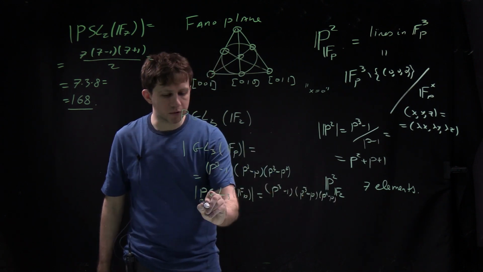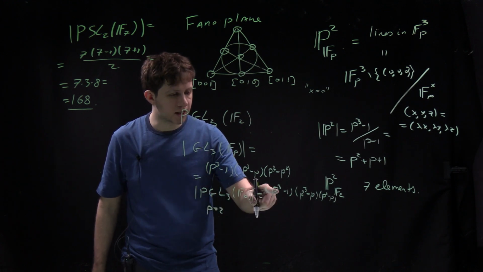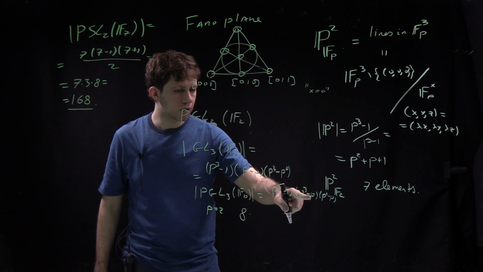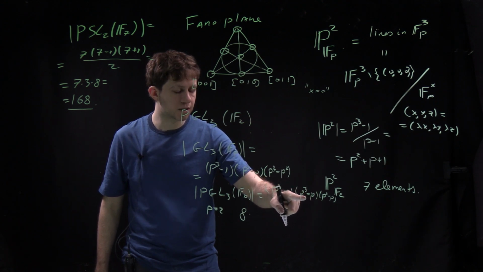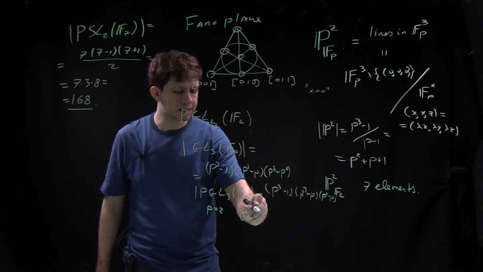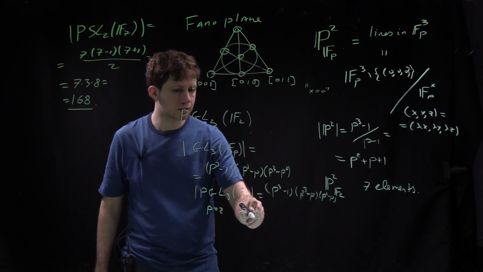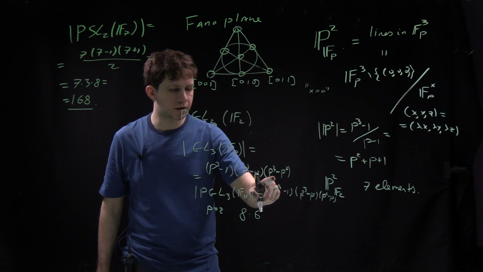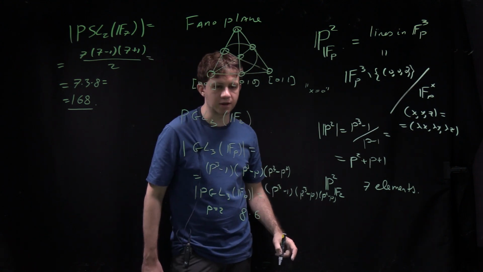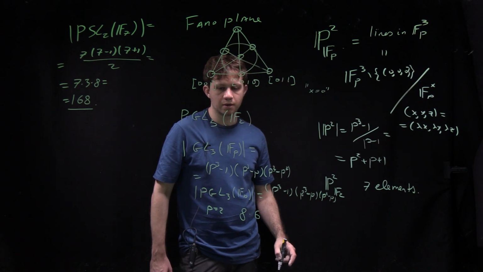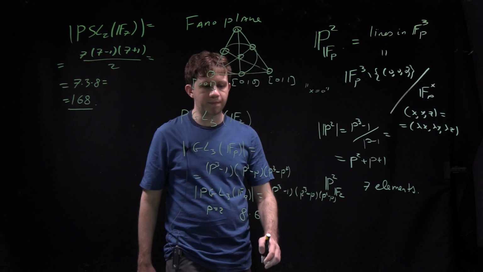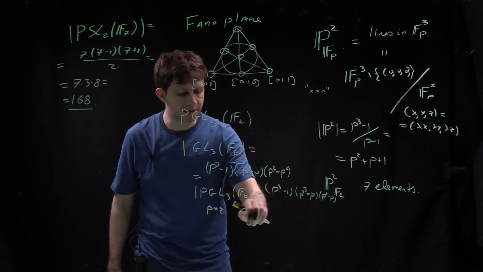So let's take p equal to 2. Sorry, p cubed minus 1 is 7.